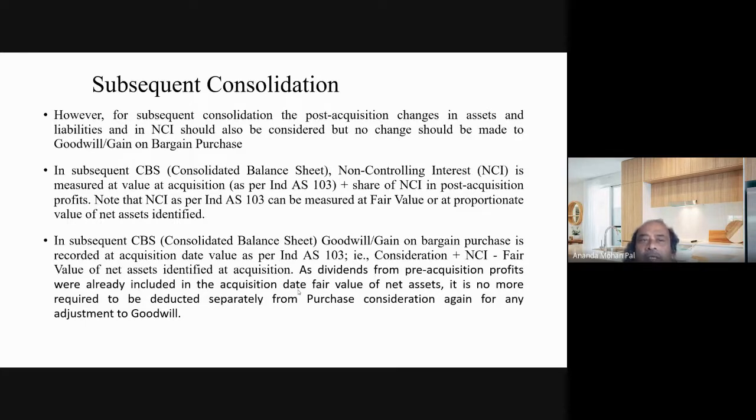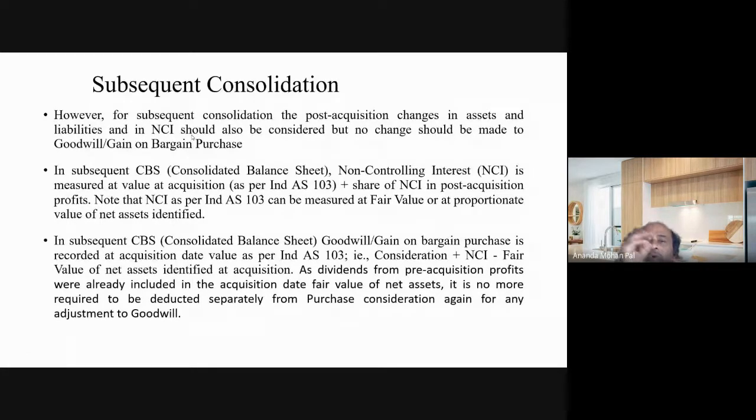For subsequent consolidation, the post-acquisition changes in assets and liabilities and in non-controlling interest should also be considered, but no change should be made to goodwill or gain on bargain purchase. Those items would remain as they were at the time of business combination. What you measured, that is final. But other things would change: assets, liabilities, non-controlling interest, and also the other equity part.